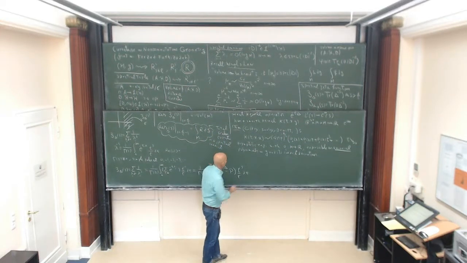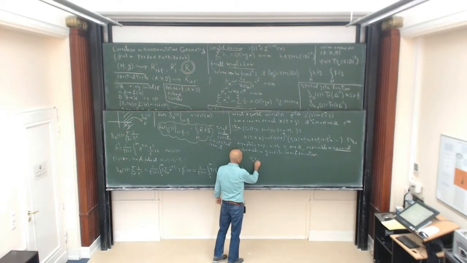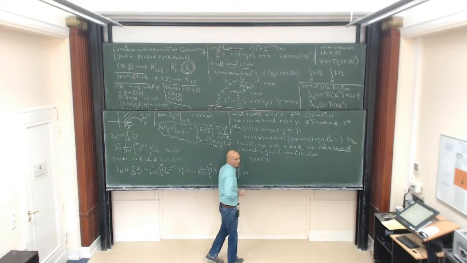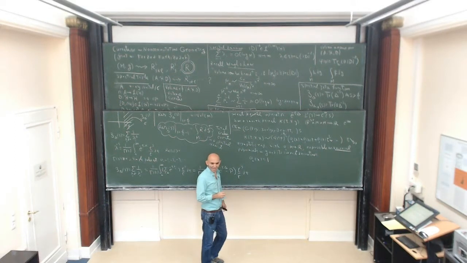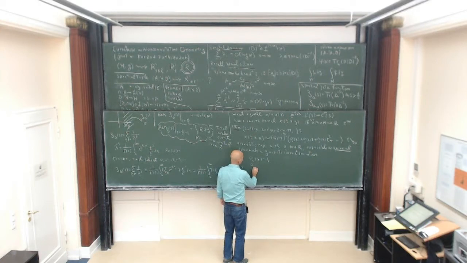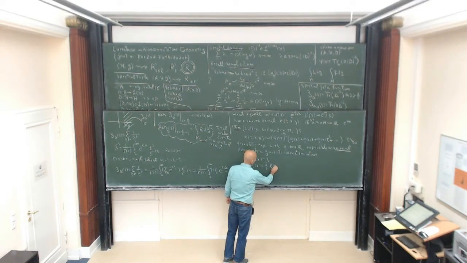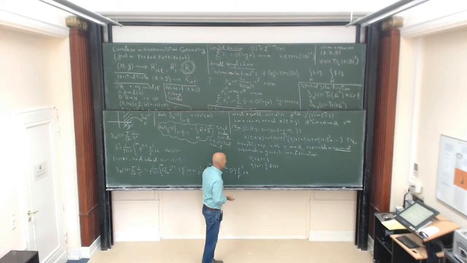So the first one, a0 of x, is equal to 1. That's easy. The next one, a1 of x, is 1/6 of the scalar curvature. That's also not bad.